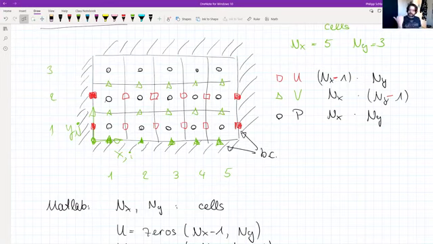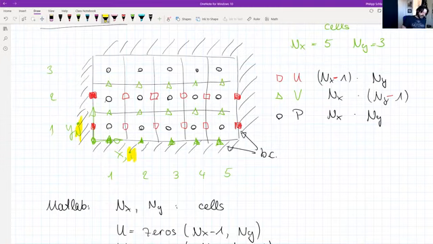We have the x direction to the right, and the y direction up. But if we use in MATLAB the indices i and j, the way that is written here, the first index of the matrix U is the one that we consider to be x, and the second one is the one that we consider to be y.